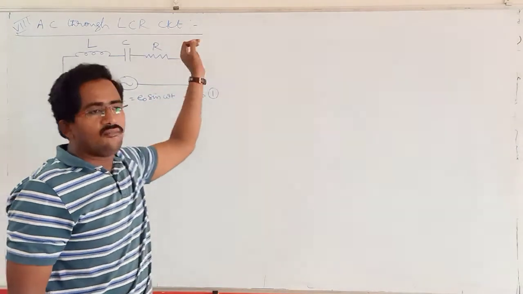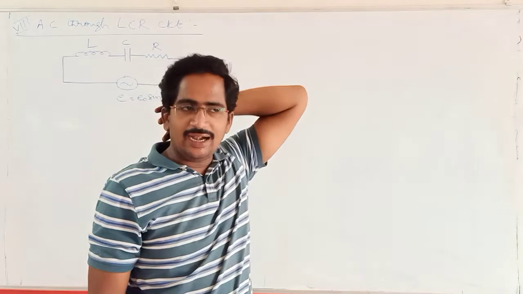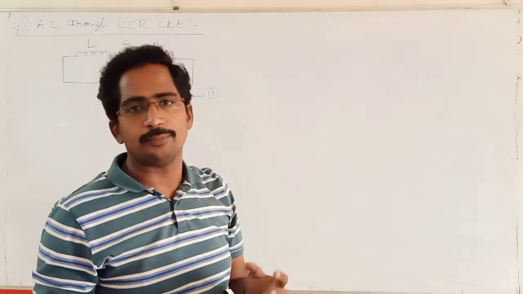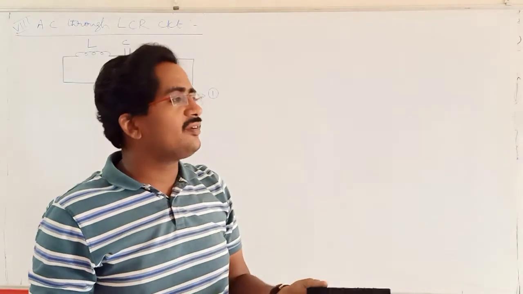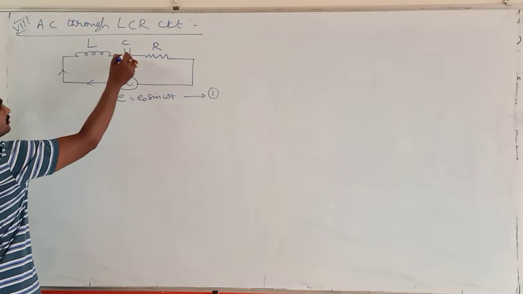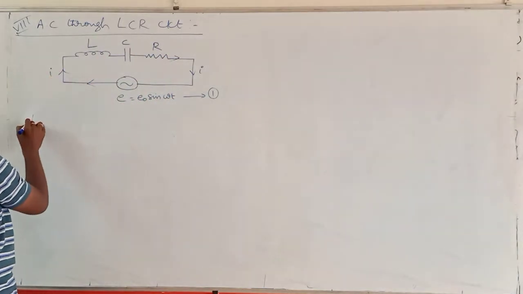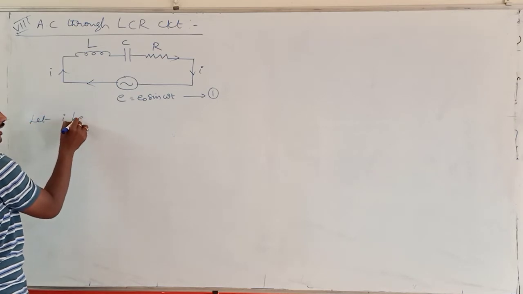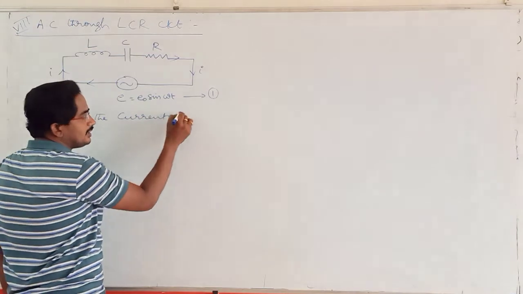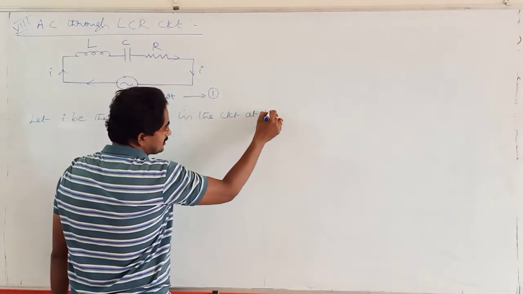Whenever we connect an alternating source of EMF, the current in the circuit also changes with respect to time. Let I be the current in the circuit at t seconds.